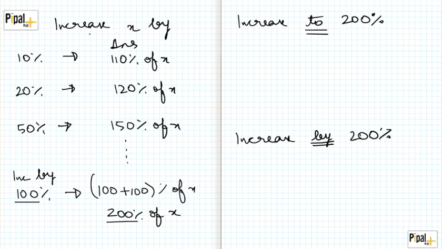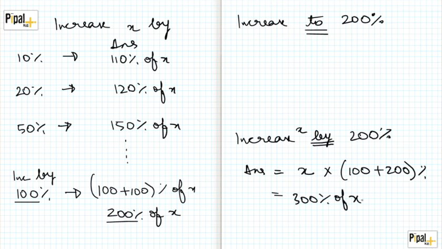Now so far what we've done is increasing something by a certain percentage, we do 100 plus that percentage times the original number, right? So if we were asked to increase x by 200%, our answer will be to do x multiplied by 100 plus 200%, or 300% of x, right? This is what increasing by a certain number means.